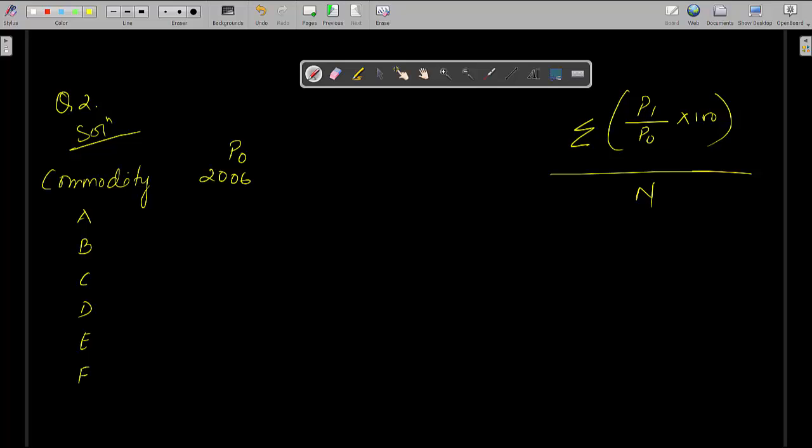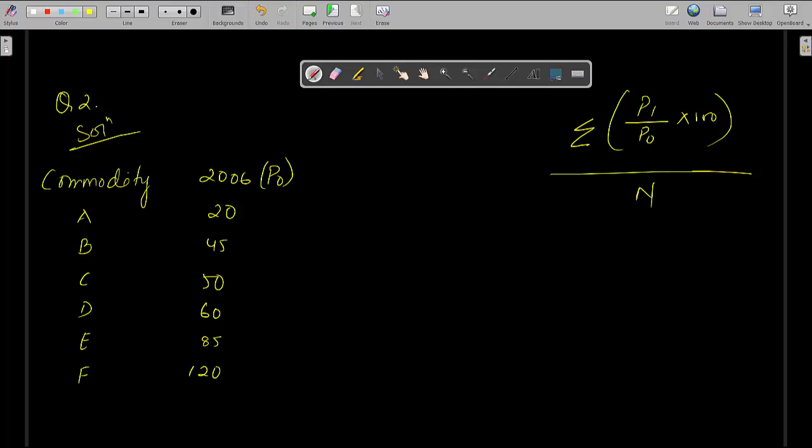You can write it below also, or in the corner, no issues. So A, the price is 20, B is 45, C is 50, 60, 85, and 120. So this is for 2006.